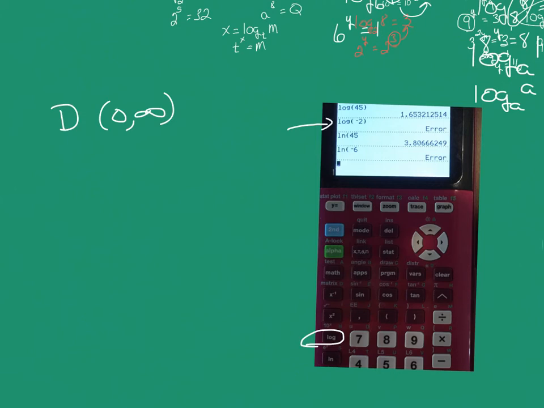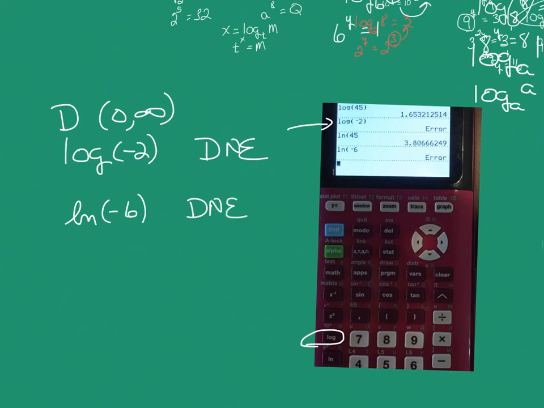The answer would be that the log of -2 does not exist. Same thing with the natural log of -6. The natural log of -6, and I put it in parentheses because it's a negative, does not exist.